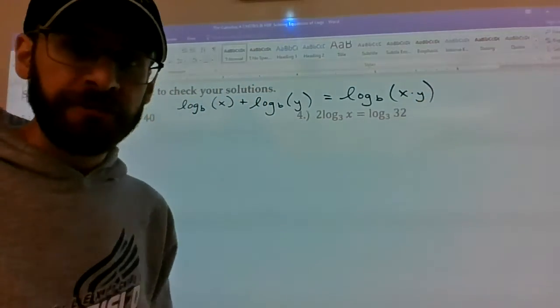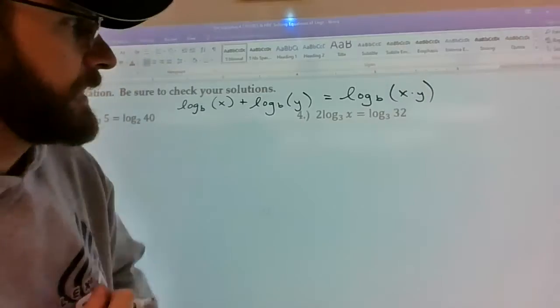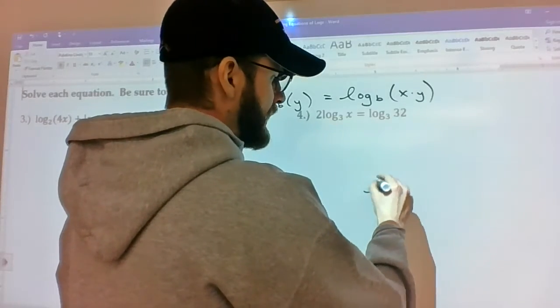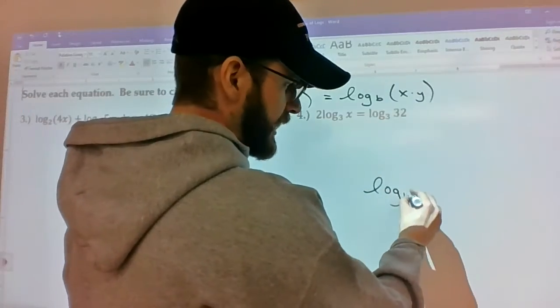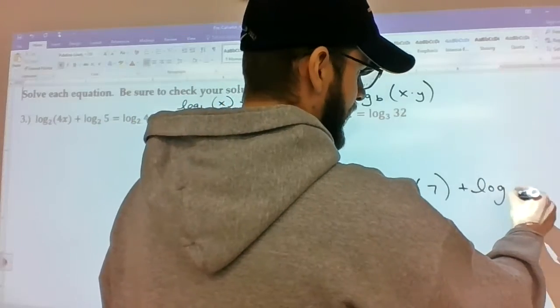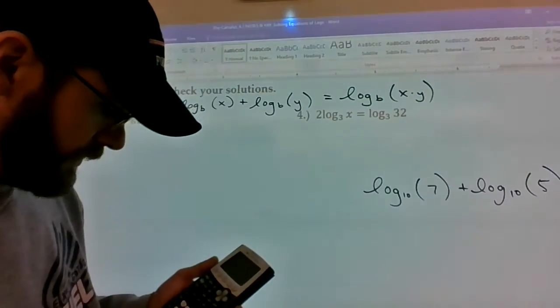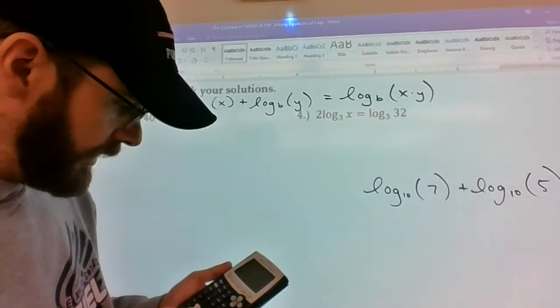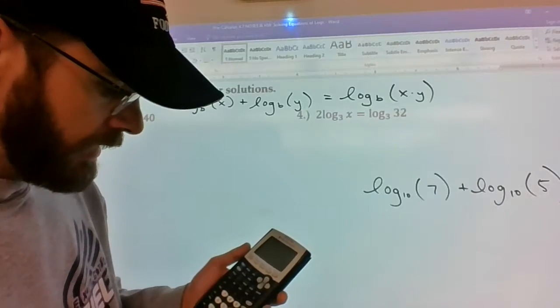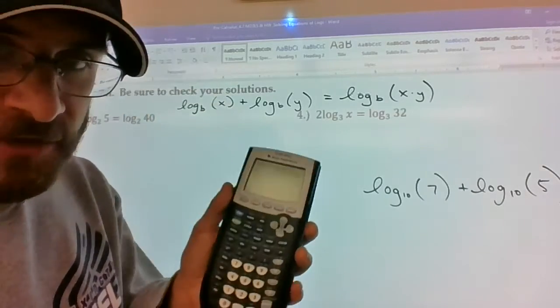You can try it with a few random examples. Try log base 10 on your calculator of 7 plus log base 10 of 5. It gives me this decimal.